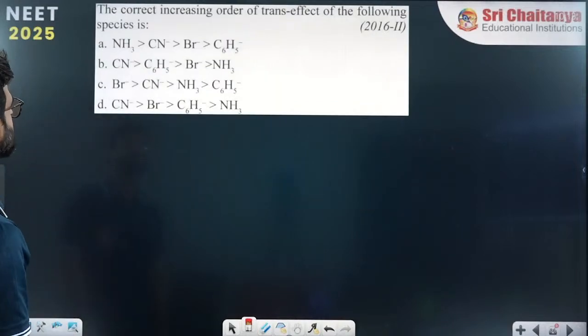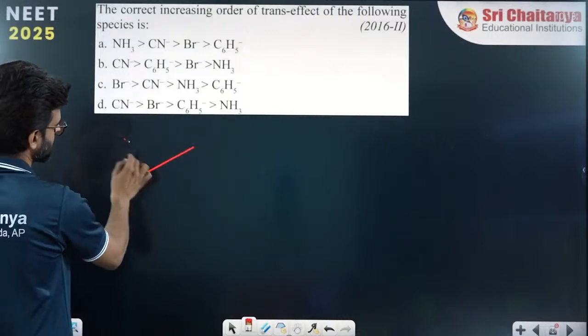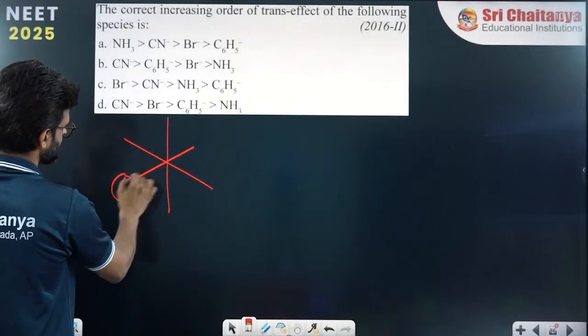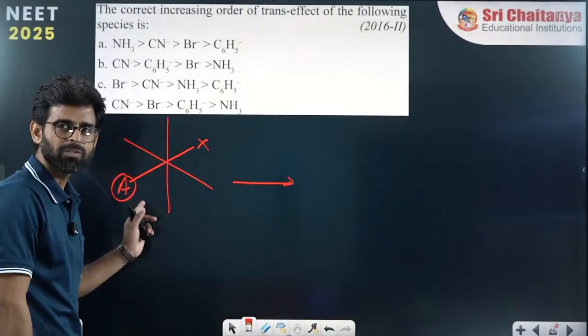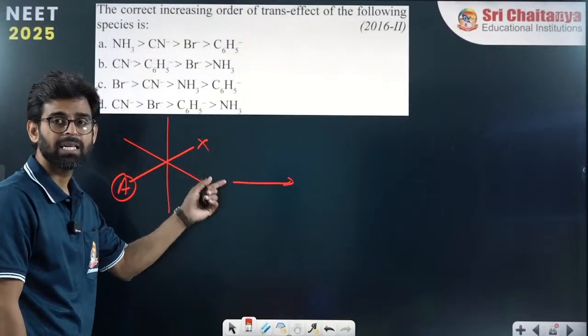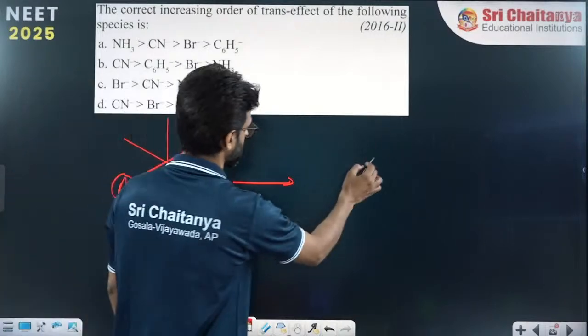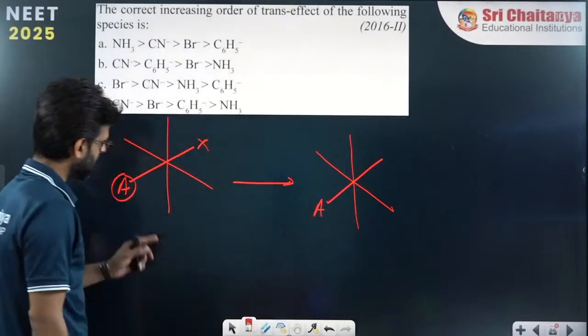Okay, so it is the trans effect, beta. Trans effect is less important. Let us see what it means actually. Imagine this is some structure, here A and here some ligand X. A will be responsible to make this X labile. Labile means it will go and some other ligand will come. So A has some trans effect.